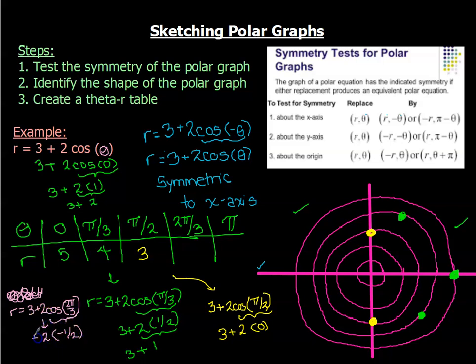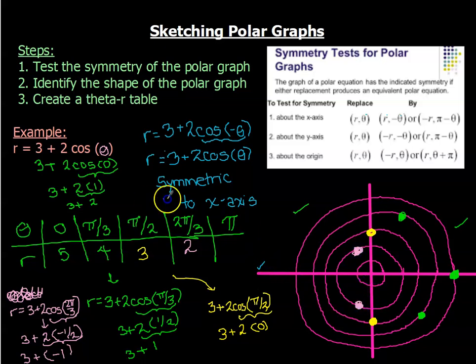Bringing everything else down, 2 times negative 1/2 is negative 1. And negative 1 plus 3 gives me 2. So at 2 pi over 3, which is right here, 120 degrees, I'm going to make a point on the second circle. One side of the x-axis looks like the other side of the x-axis, so I'll also make a point on the second circle here.